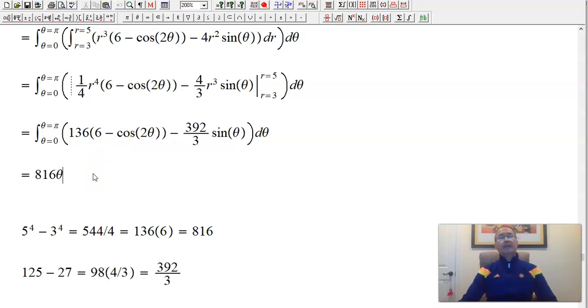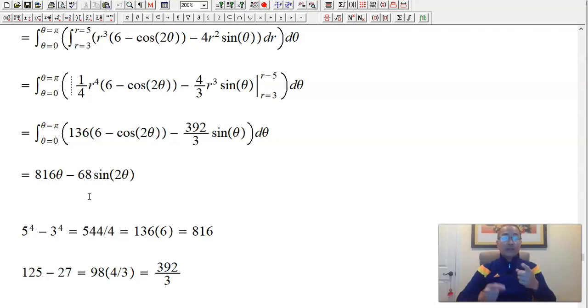When we integrate, we have to do a little u sub, which we can do mentally. The integral of minus cosine should be minus sine. Then we divide by 2, so 136 divided by 2 is 68. So minus 68 sine of 2 theta.